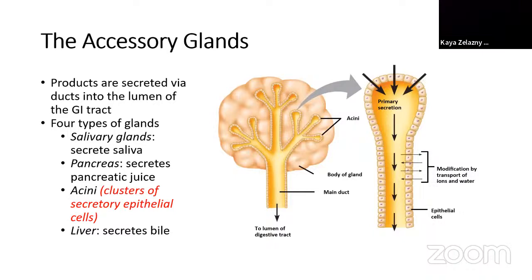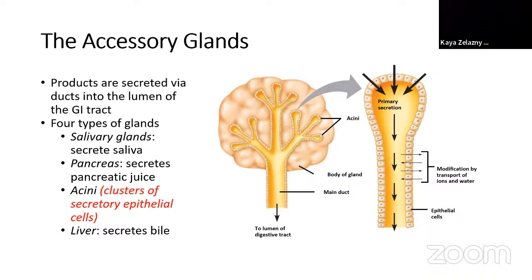So now we're going to move on to the glands. I've tried to kind of mention them as we go through the regions you'd find them in, because I think linking up these topics together is the best way to understand it. But we're going to look at their insides and their products right now. So we're going to be secreting products of our glands into the lumen of the GI tract generally.